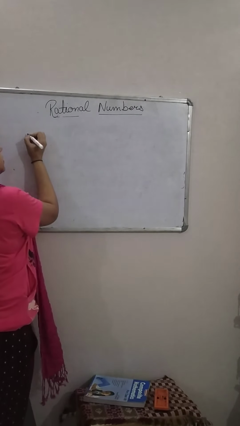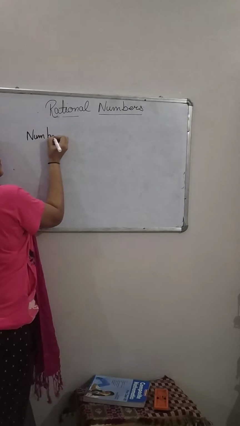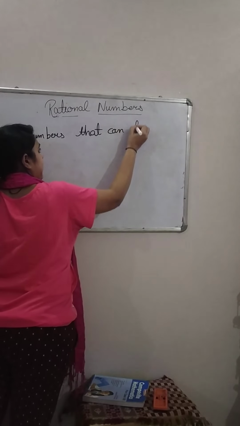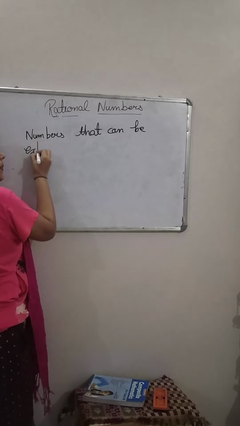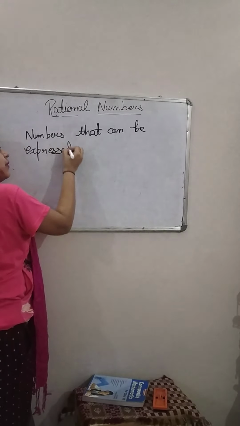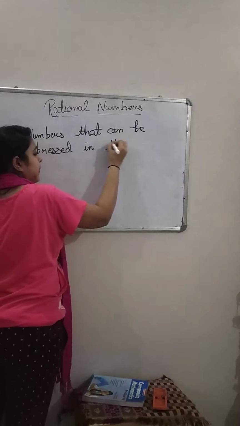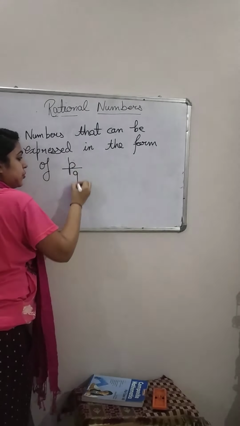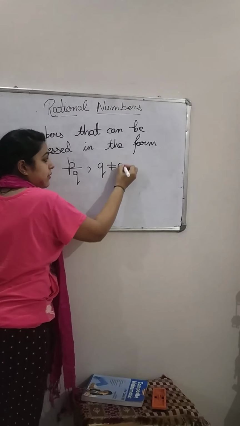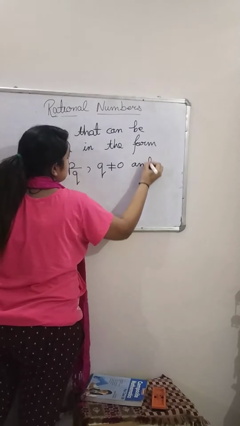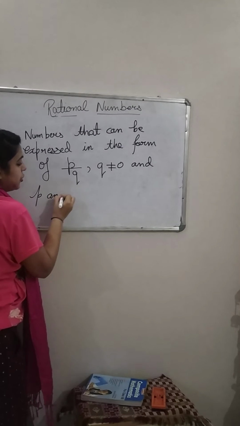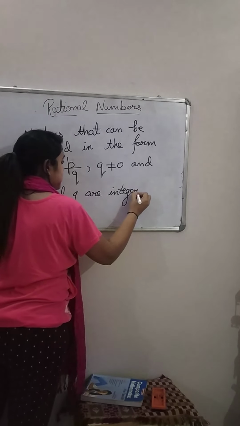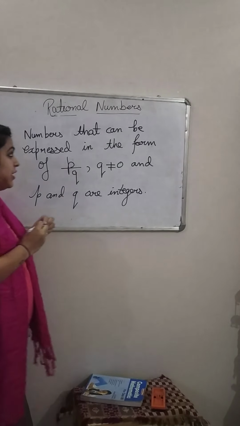Rational numbers are the numbers that can be expressed in the form of P upon Q, where Q is not equal to 0 and P and Q are integers.